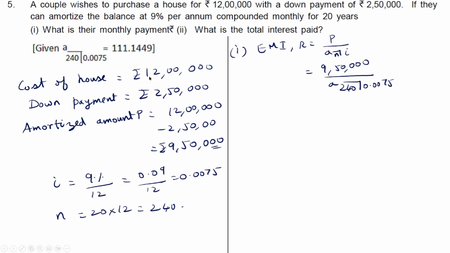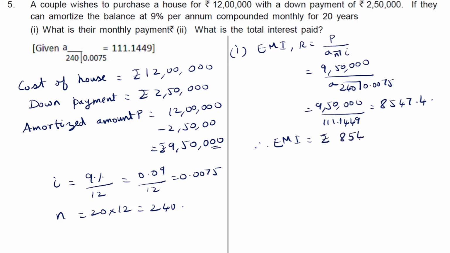Now this value they have given here. So it is 9,50,000 upon 111.1449. This when we simplify, we get it as 8,547.4. Therefore, EMI equal to rupees 8,547.4.